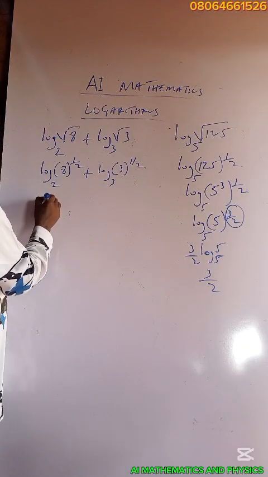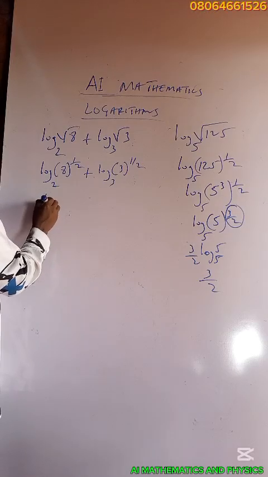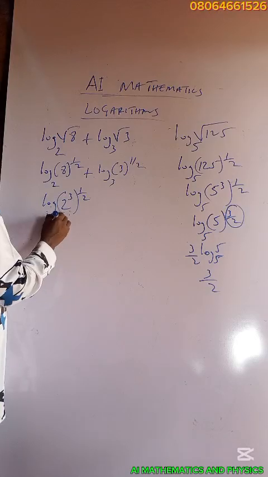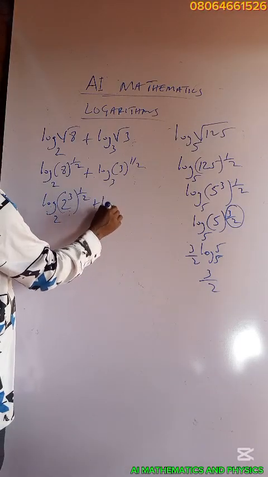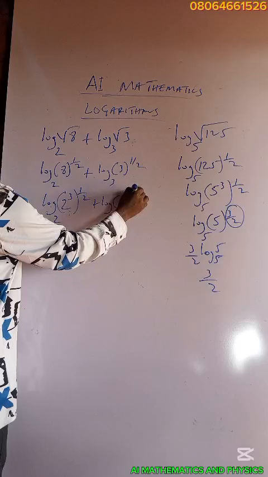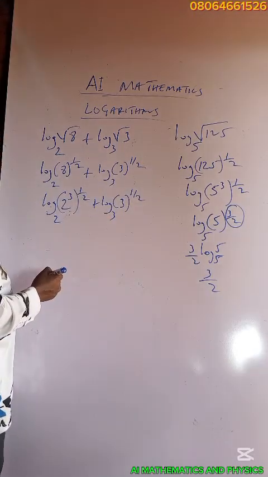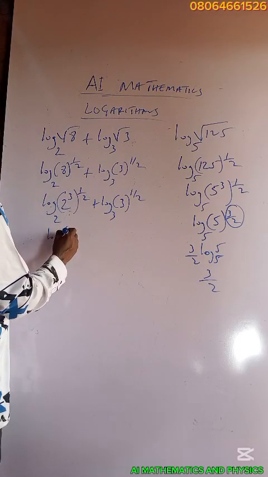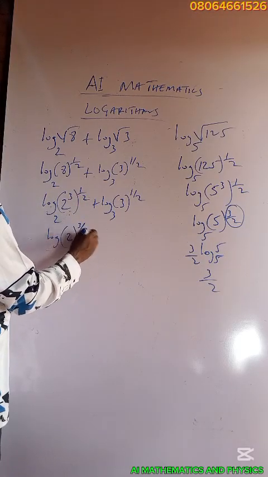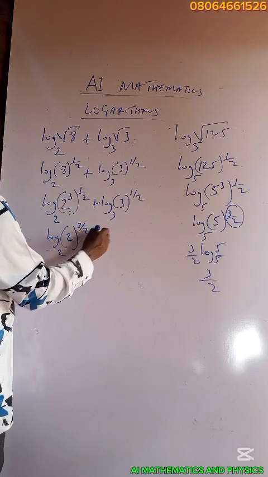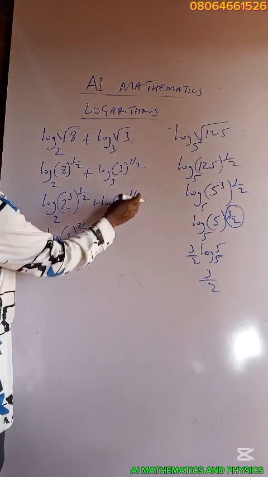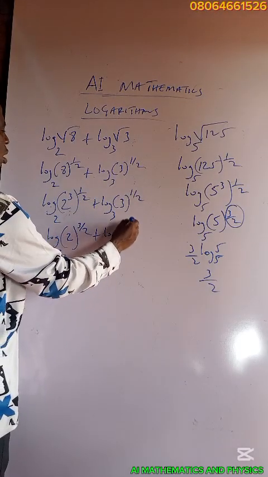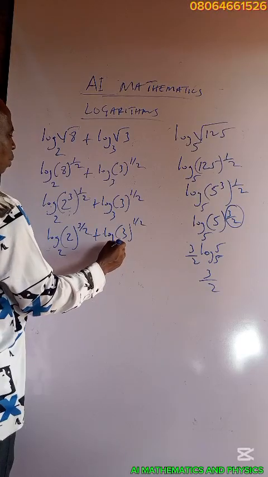Then this one is 2 raised to 3, all raised to 1 over 2 base 2, plus log 3 raised to 1 over 2 base 3. We multiply this, that's 2 raised to 3 over 2 base 2 plus log 3 raised to 1 over 2 base 3.